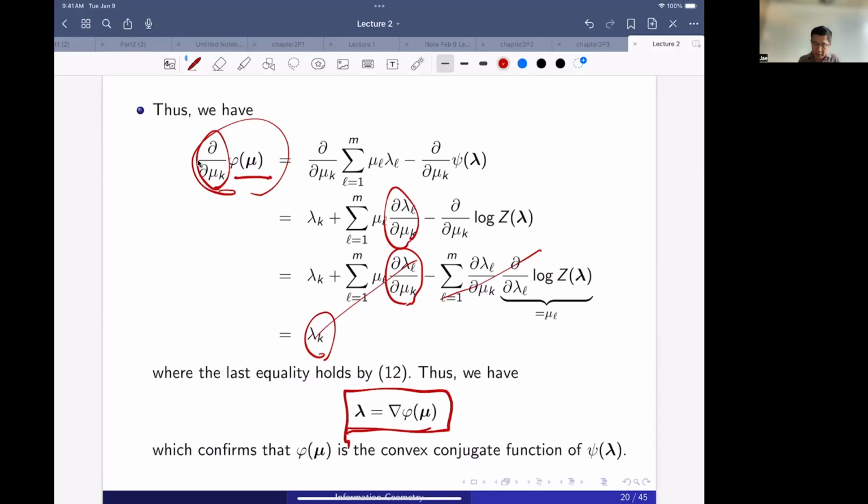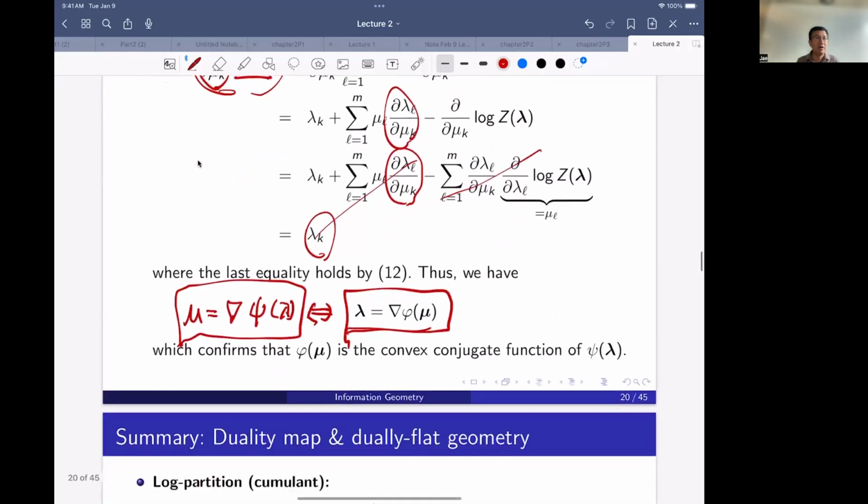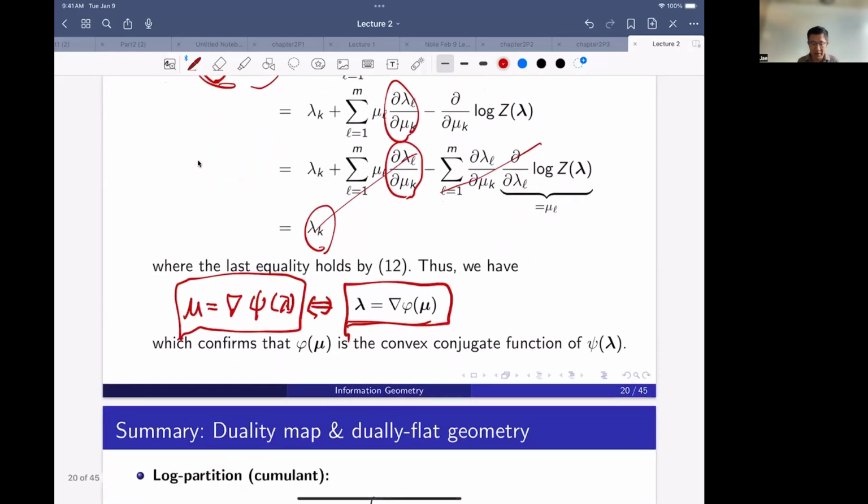So previously you have this psi lambda, and there's a one-to-one relationship: how you can obtain lambda from mu, or obtain mu from lambda.